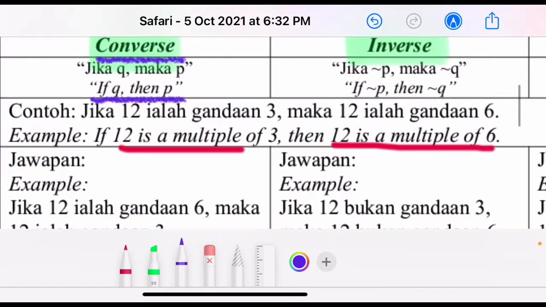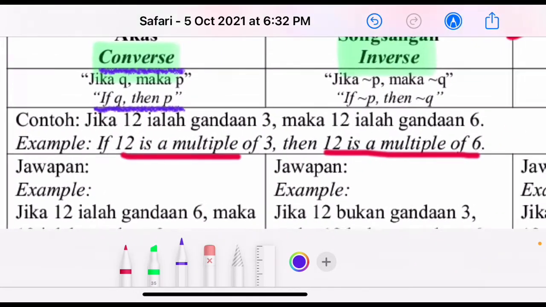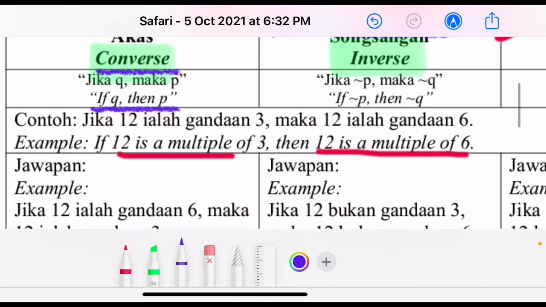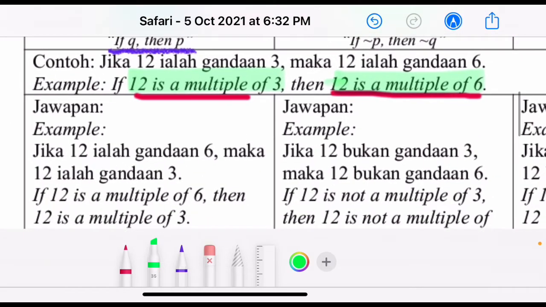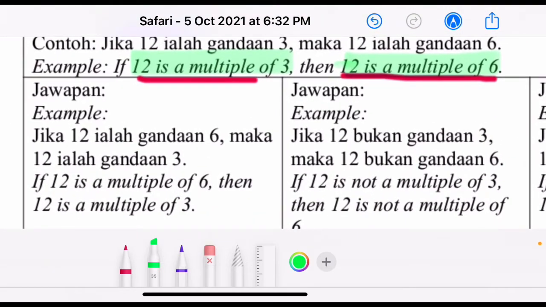Now let's see this example. If 12 is a multiple of 3, this is statement P, then 12 is a multiple of 6, this is Q. If we want to do converse for the above statement, we have to write the Q first, which is 12 is a multiple of 6.